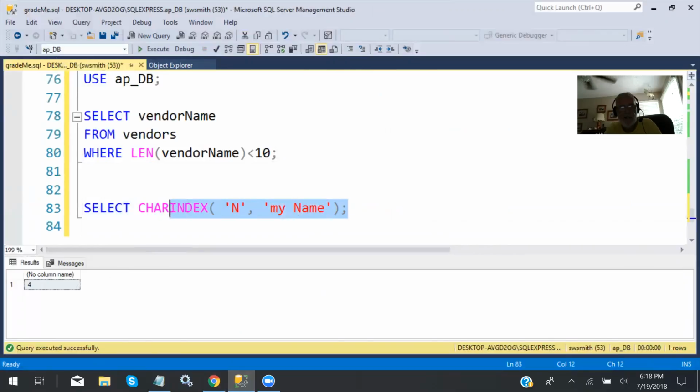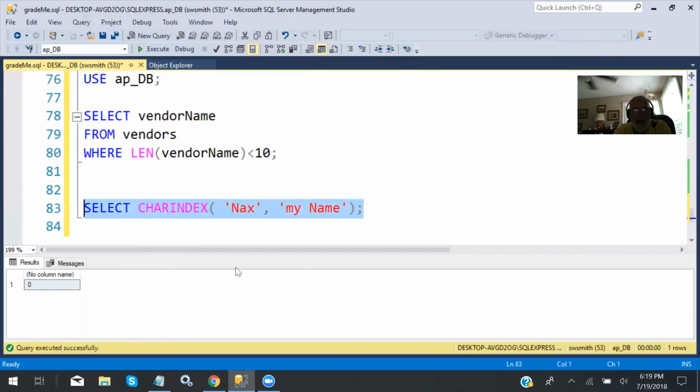If I say select n a from within my name, I expect again to see a 4. If I say NAX, well, there is no NAX in that search string. So when I try to execute this, I'm going to see a 0 because I did not find that substring.